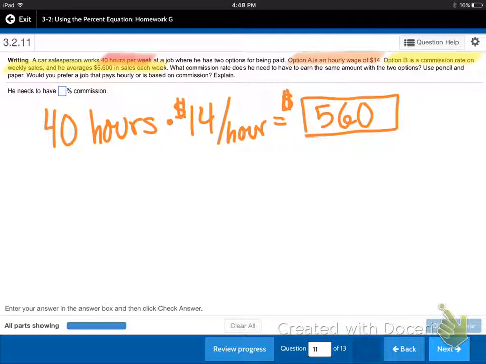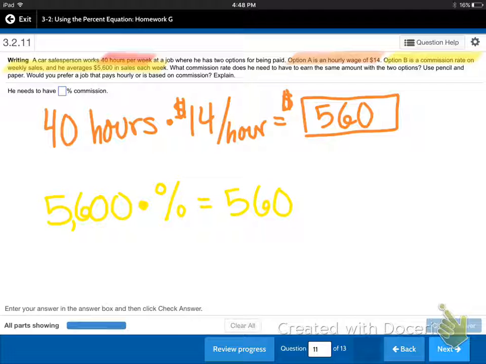Now we have to figure out the rate at which option B would be equal. All right, so what do we know? He makes $5,600 in sales, and we need to find our percentage.